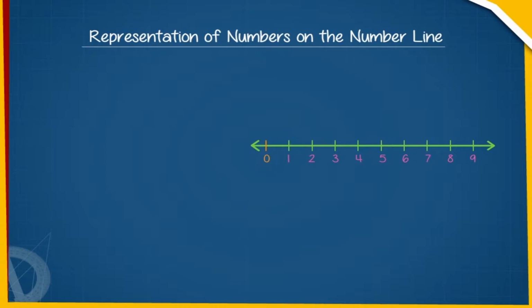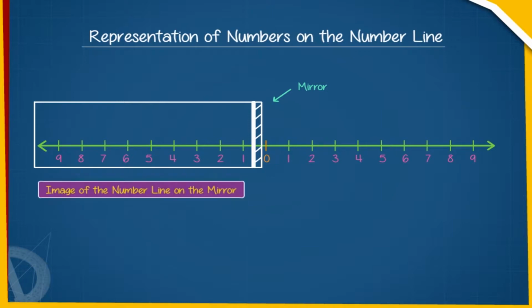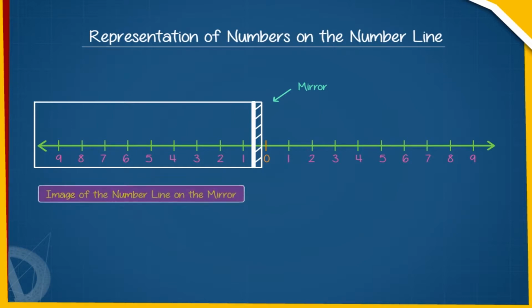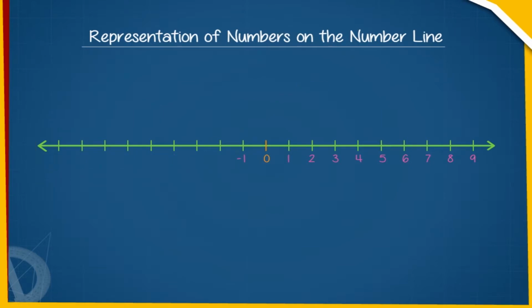If we keep a mirror at the marking of 0 such that it faces the numbers 1, 2, 3 and so on, we get an image of the number line on the mirror in the opposite direction. Since the numbers in the image are directed towards the left side, they will be negative: minus 1, minus 2, minus 3 and so on.